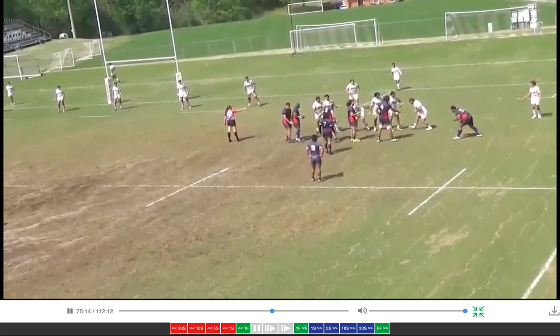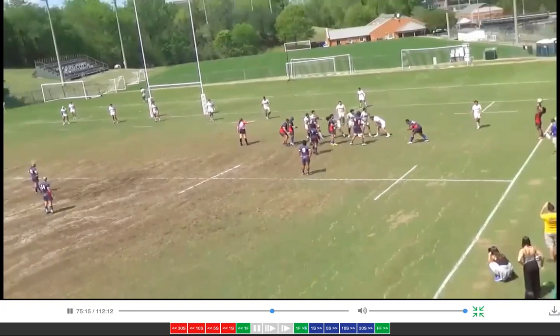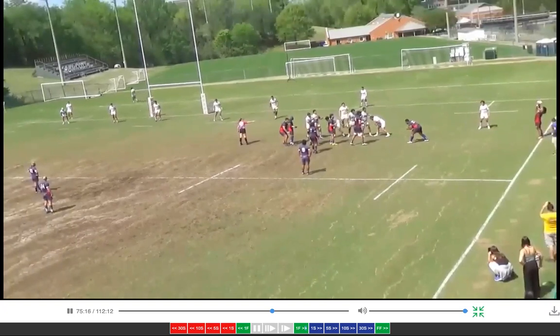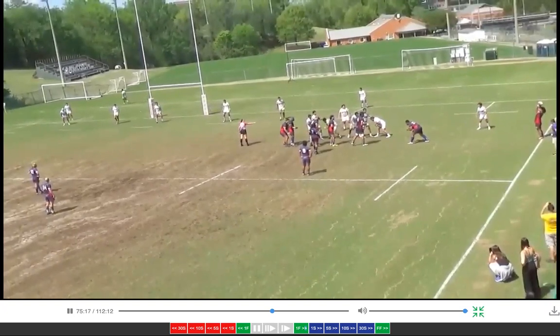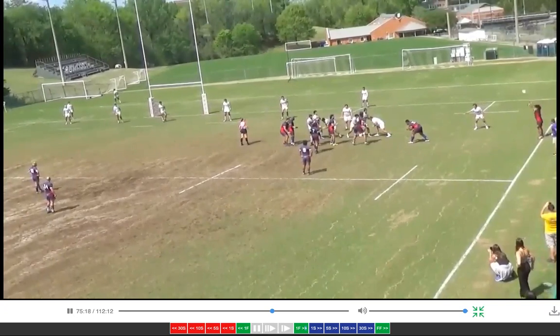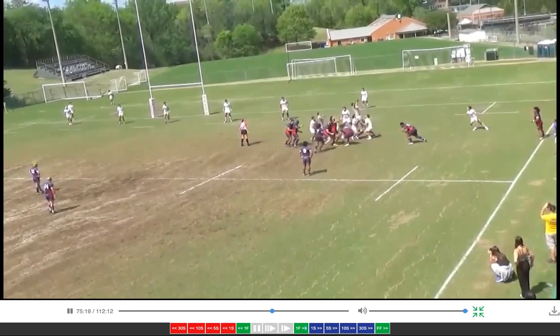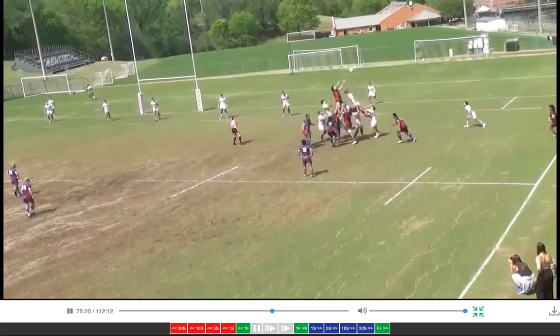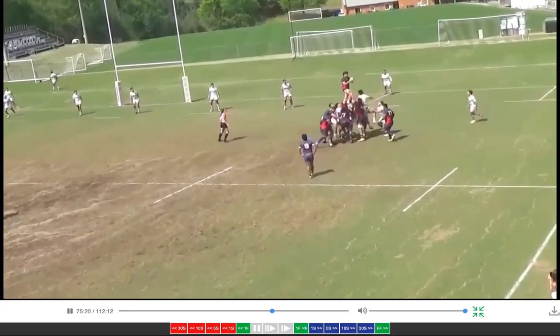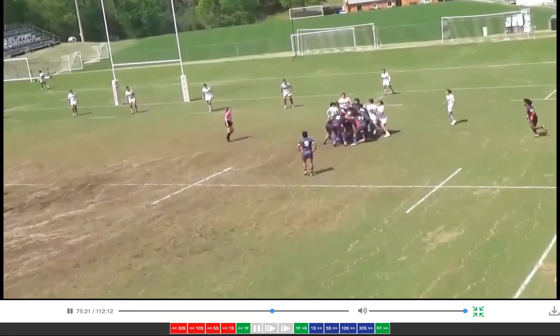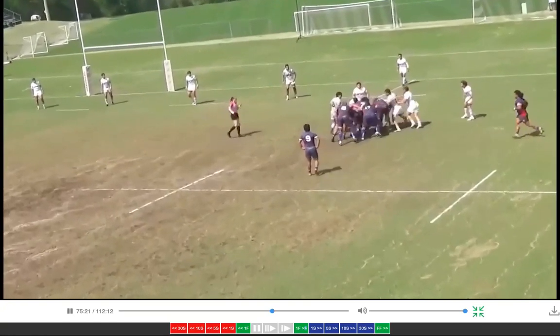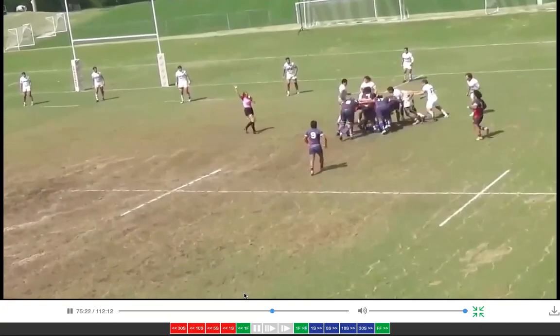we'll just fast forward a bit. The jumper is still in the air, and you can see by the speed that he falls down. Somebody has taken out his lifter.